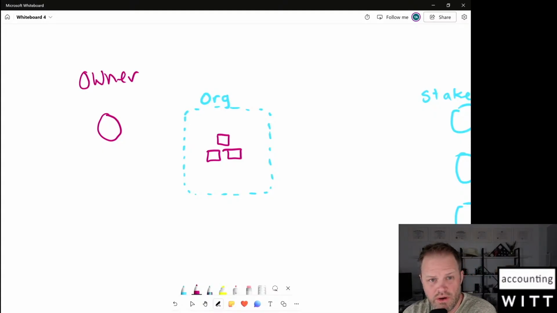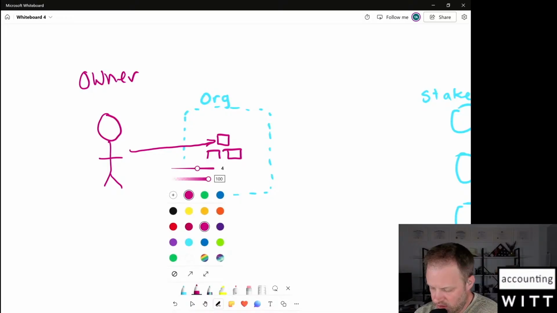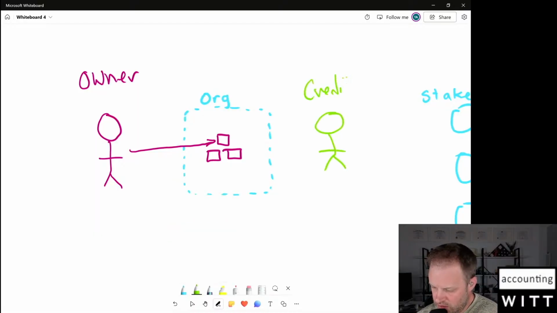an owner puts resources into an organization, and then a creditor also puts resources into an organization, and then it doesn't matter where they came from.